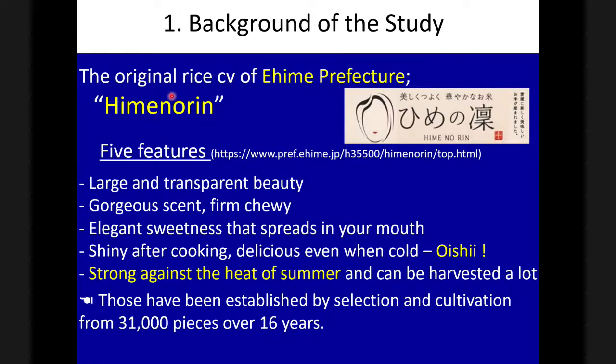Hime means lady, and rin suggests something solid. This new cultivar is said to be very beautiful and very oishi, tasty, and also strong against the heat of summer. But it has not been investigated scientifically. How can this cultivar be regarded as heat tolerant?